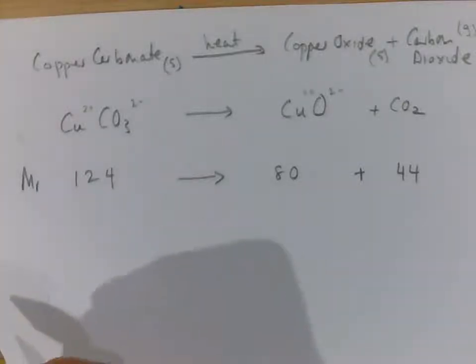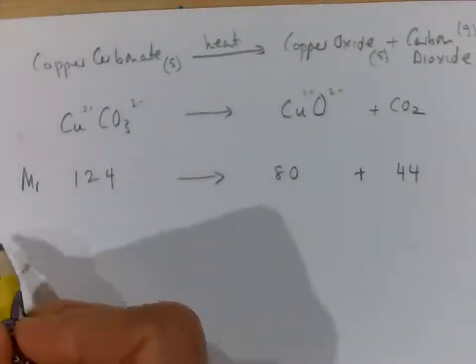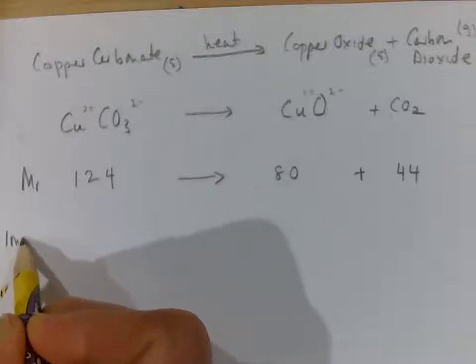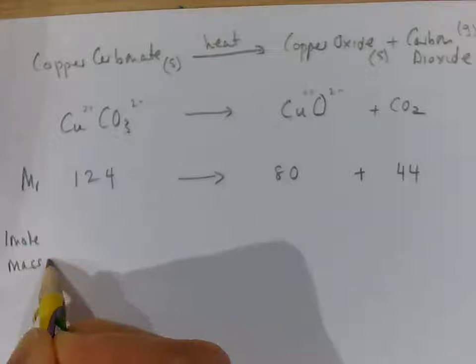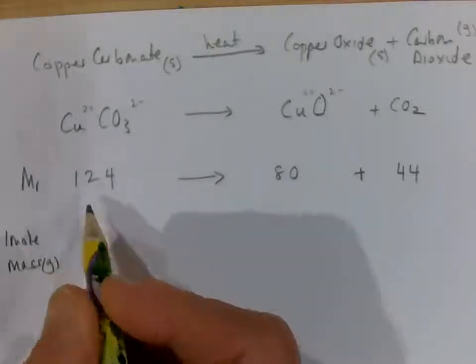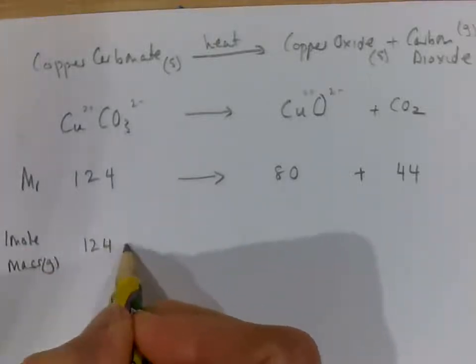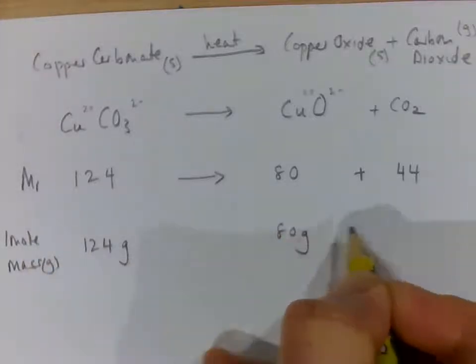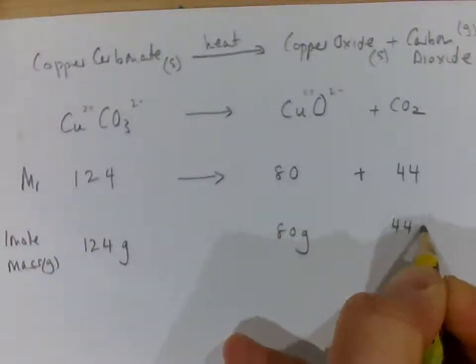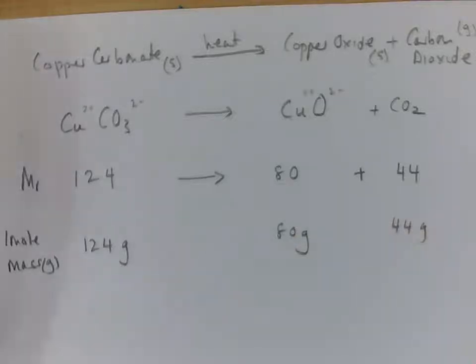So if you remember back from our last lesson, if I have 1 mole of something, the mass of that in grams is equal to the relative formula mass. So the mass of 1 mole is equal to the relative formula mass. Okay.